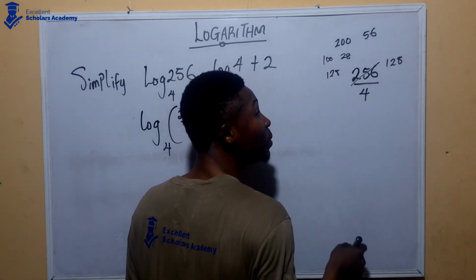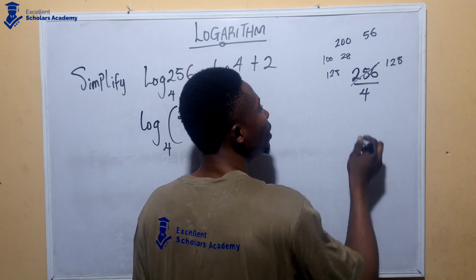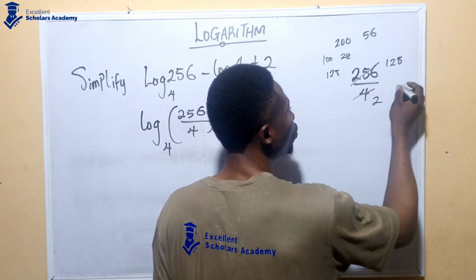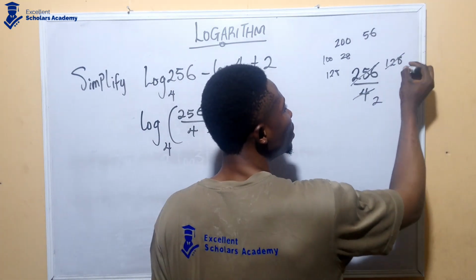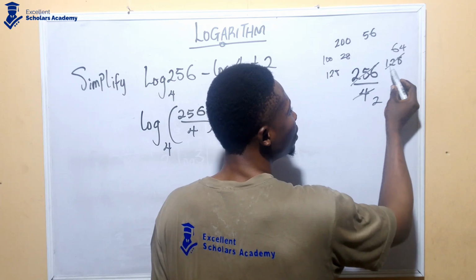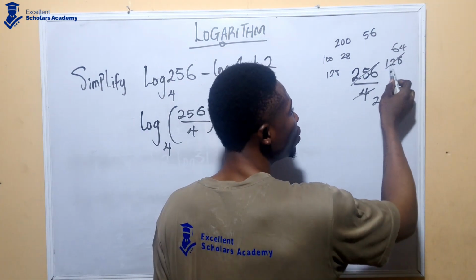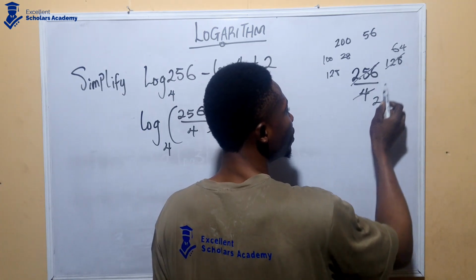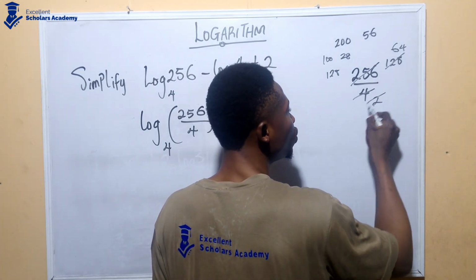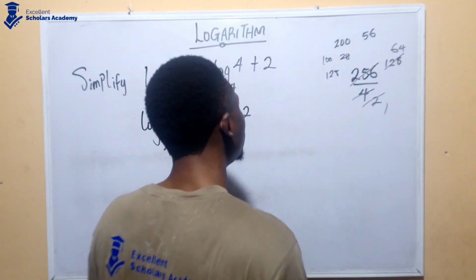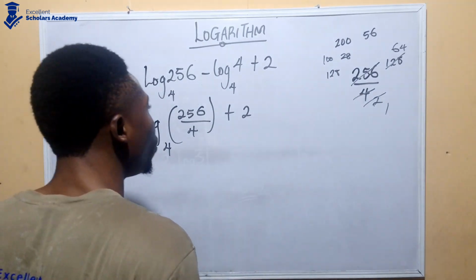Now 2 in 4 gives you 2. So 2 also in 128 gives you 64. 2 in 8 gives you 4. 2 in 12 gives you 6. So you're going to be left with 64. That means 256 divided by 4 gives us 64.